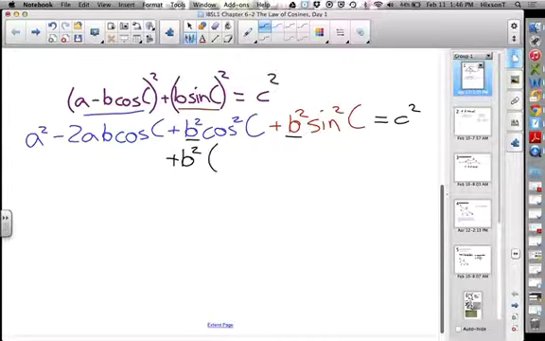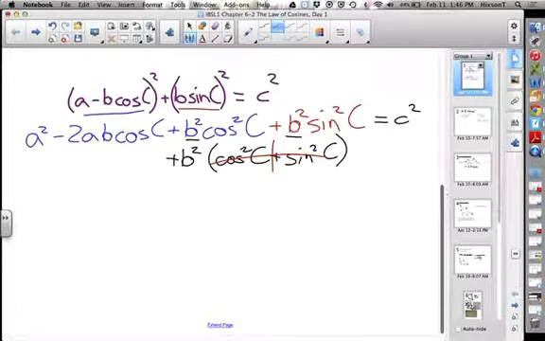And then what's left in the parentheses? cosine squared c plus sine squared c. And what's cosine squared plus sine squared? 1. Okay? So, I have a squared minus 2ab cosine of angle C plus b squared, and that equals c squared.